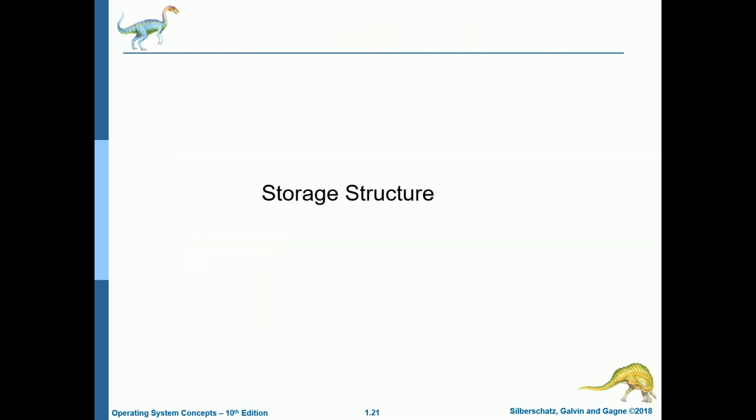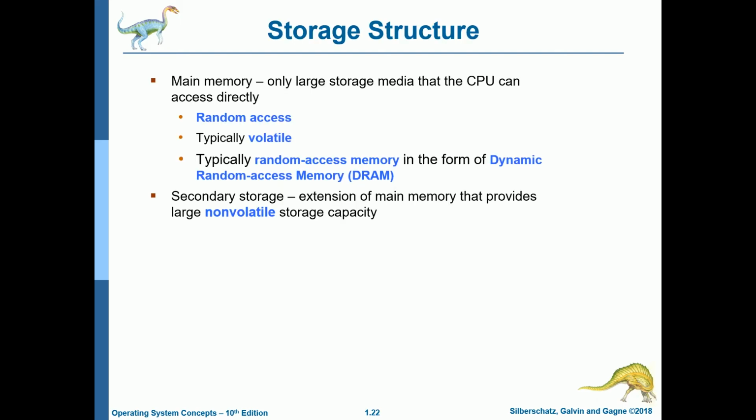Now let's go into the storage structure of a computer. We can really divide this into two sections: main memory and your secondary storage. Your main memory, which I'll basically refer to as memory, is your random access memory. It is your RAM. Typically, your main memory is volatile, which means as soon as you turn off the system, everything that was in that memory is gone.